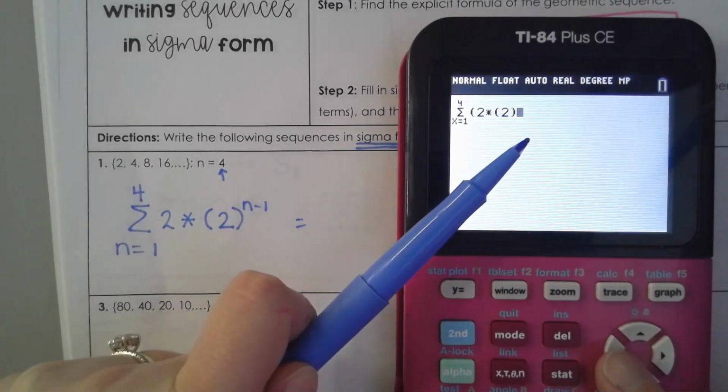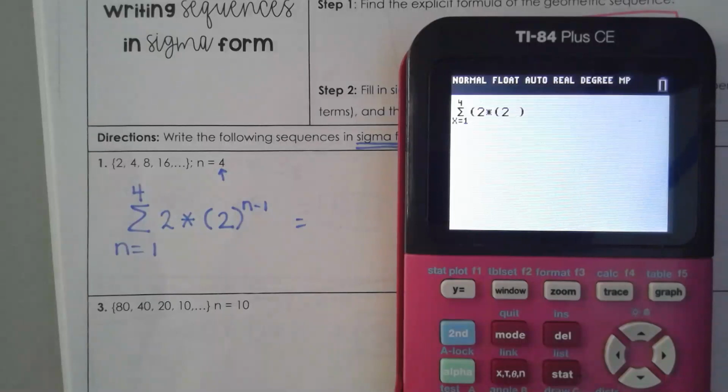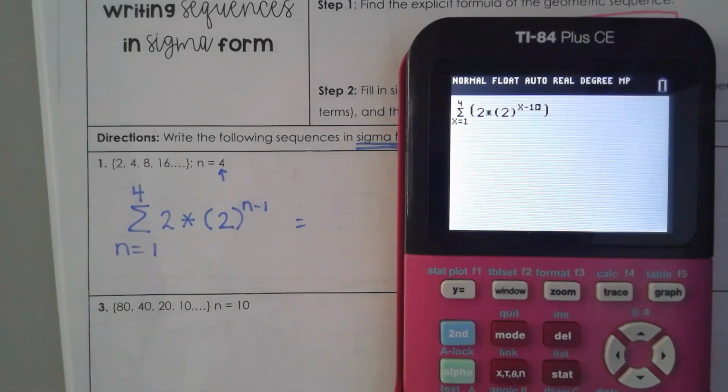That will mess it up. You can't do that. When it starts its parentheses, when you hit math 0, you cannot go outside of that. So close your own exponent x minus 1. And you get 30.